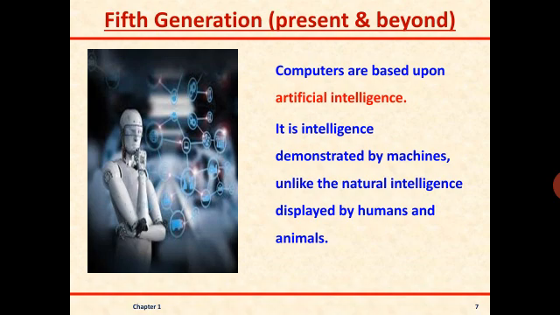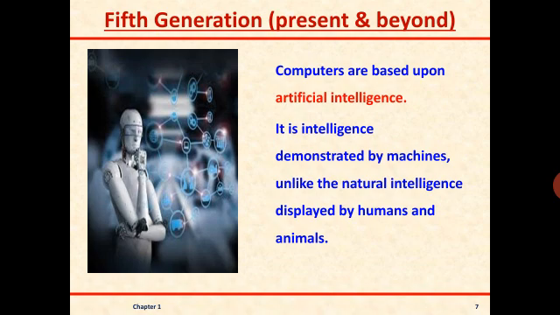Students, in today's class we have understood the generations of computers. Basically, it is classified into 5 different categories over a period of time, from the 1940s up till the present date, and every generation has different characteristics.